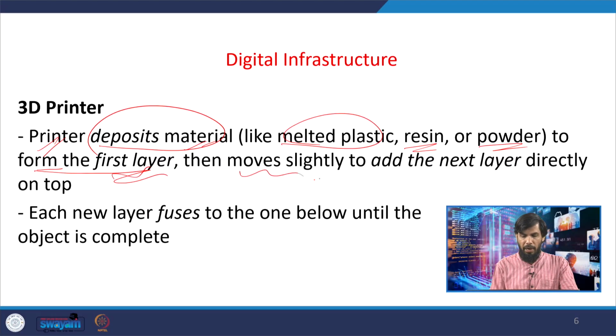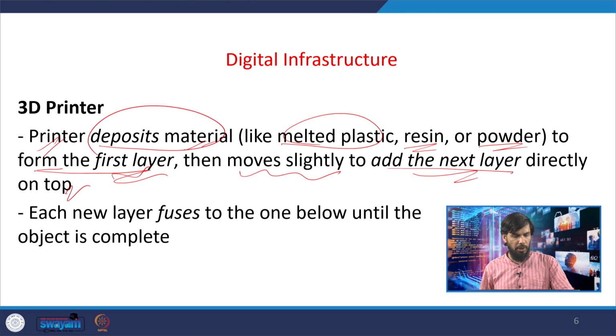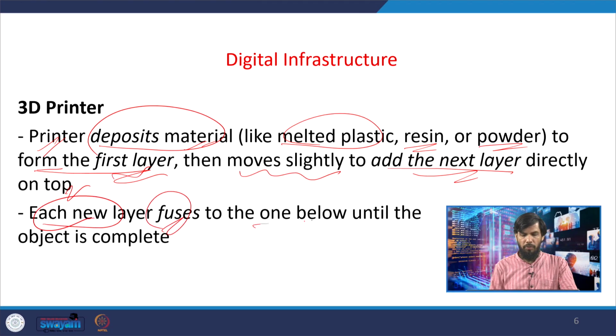Then it moves slightly to add the next layer directly on top of that first layer. In this way, layer by layer, that is why we did the slicing and got the coordinates, we keep on depositing material and eventually the 3D object shape will be formed. So each new layer fuses to the one below until the object is complete.